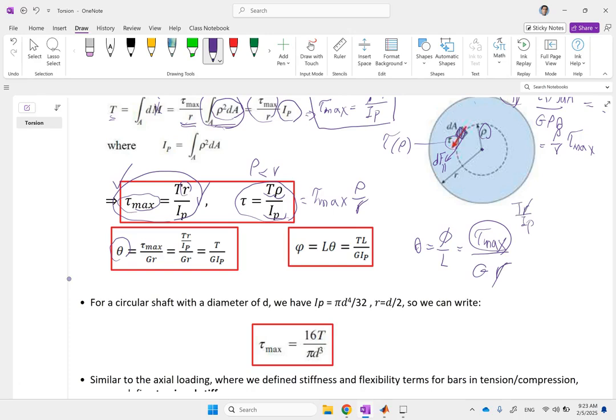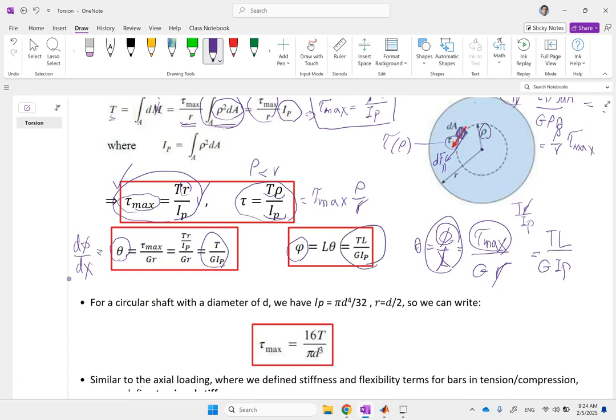So T over GIP, that is the shear rate, d phi over dx or theta. And if I want the angle of twist phi, I can find it from here as well. So you see this guy is equal to T over GIP. This is phi over L. So if I multiply both sides by L, you can find phi. Phi is TL over GIP.